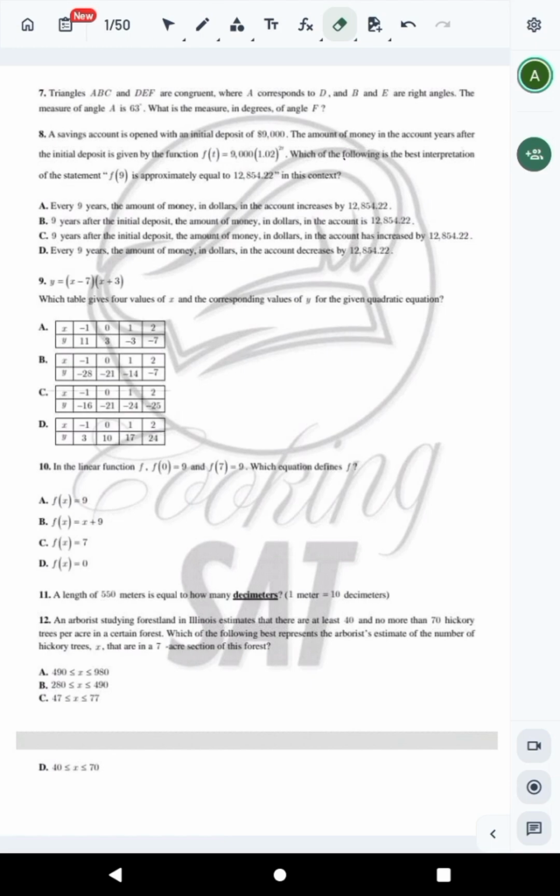Number 8: a savings account is opened with an initial deposit of 80,000.